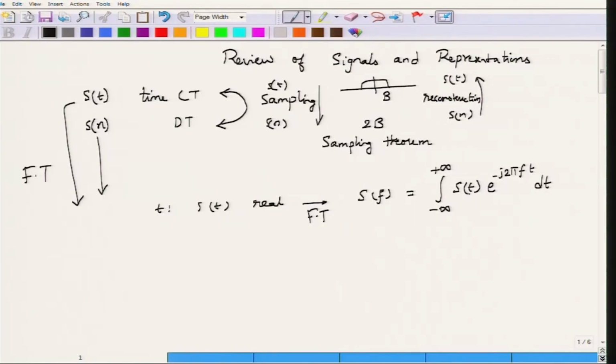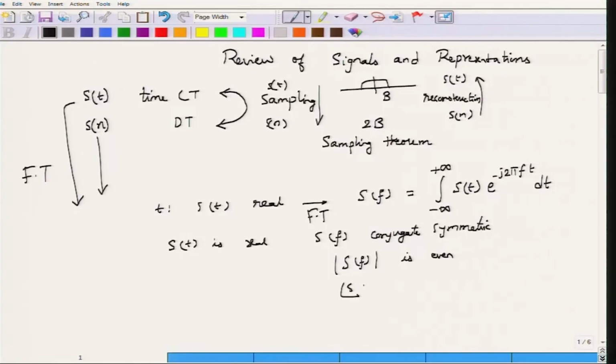When S of t is real, then the Fourier transform turns out to be conjugate symmetric. That is, if S of t is real, then Fourier transform is conjugate symmetric. Okay. What do we mean by conjugate symmetry? It simply means that the magnitude of S of f is an even function and the phase of S of f, remember S of f is a complex number, right.